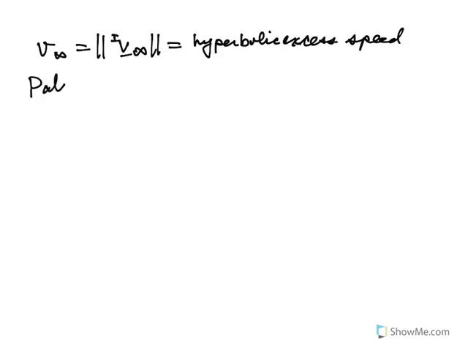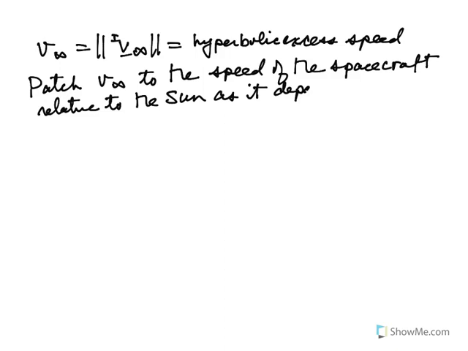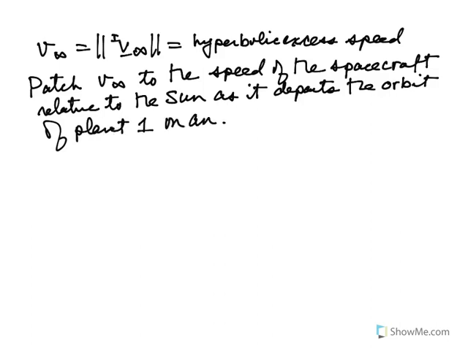We're going to patch V infinity to the speed of the spacecraft relative to the sun as it departs the orbit of planet 1 on an interplanetary Hohmann transfer.